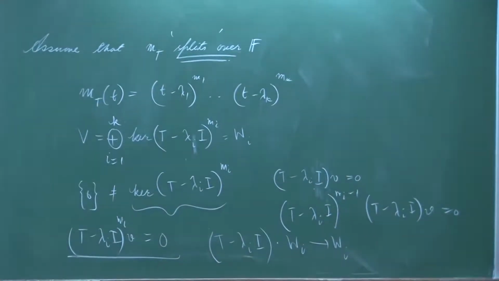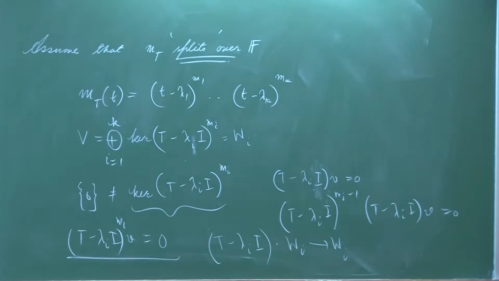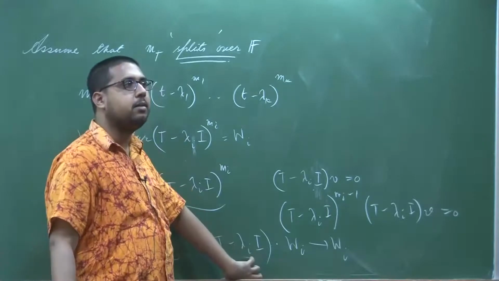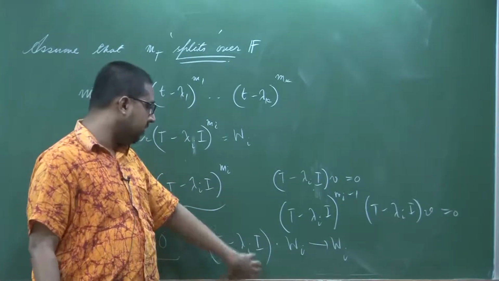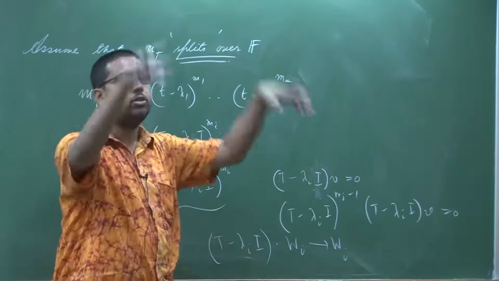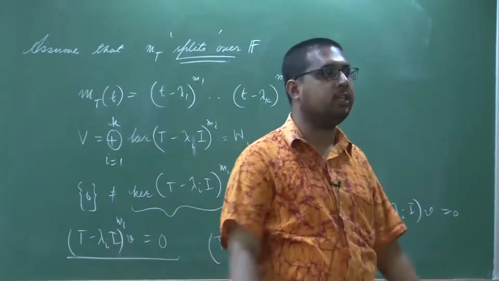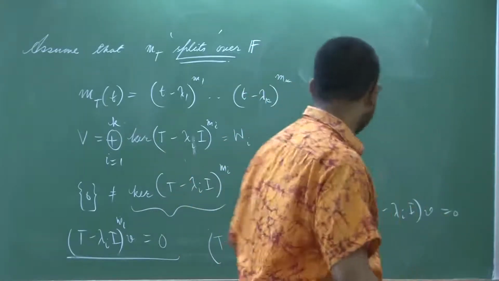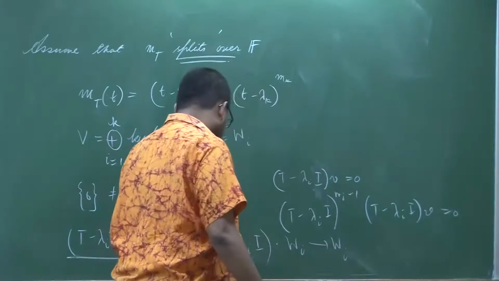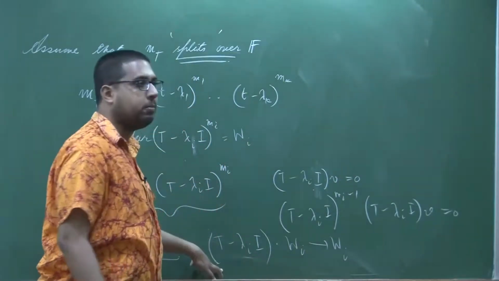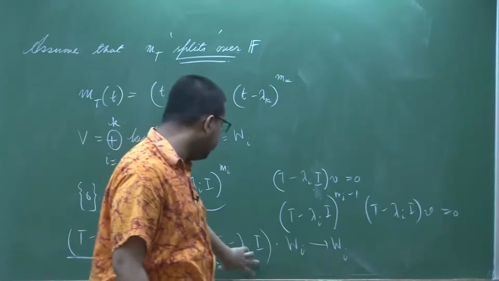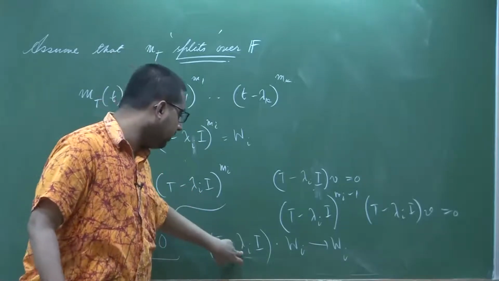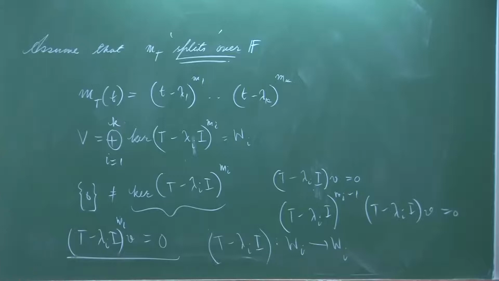Suppose I have a general method to bring the matrix of a nilpotent operator into the simplest form, one that all of us can accept. Then the matrix of the linear operator T restricted to W_i will be nothing but the matrix of this nilpotent operator together with the diagonal matrix whose diagonal entries are all lambda_i. Try to understand.